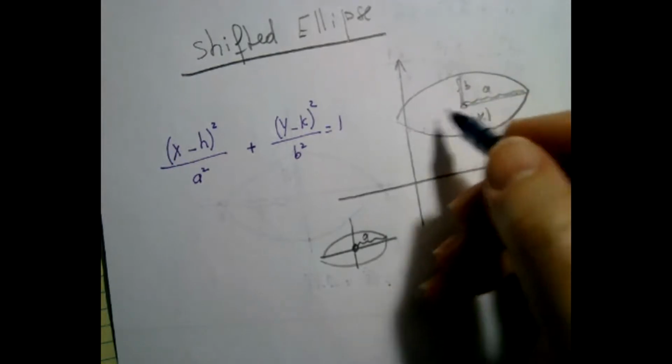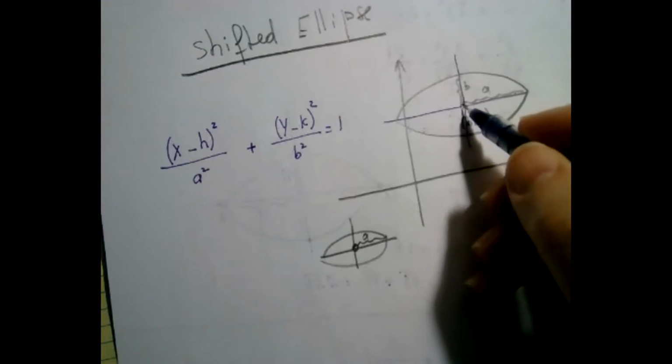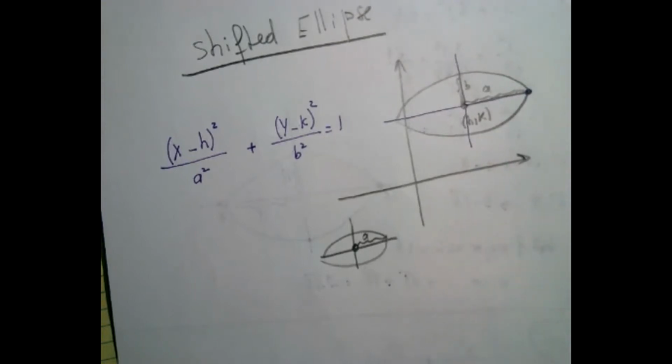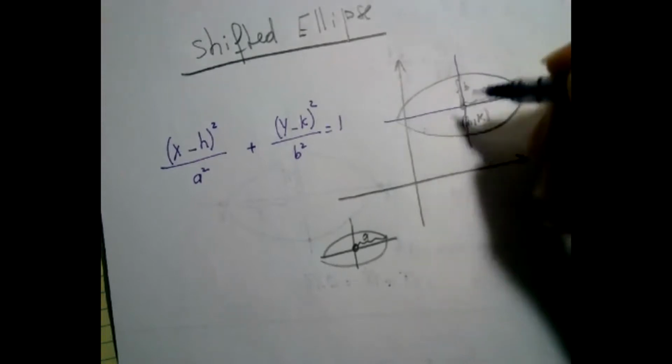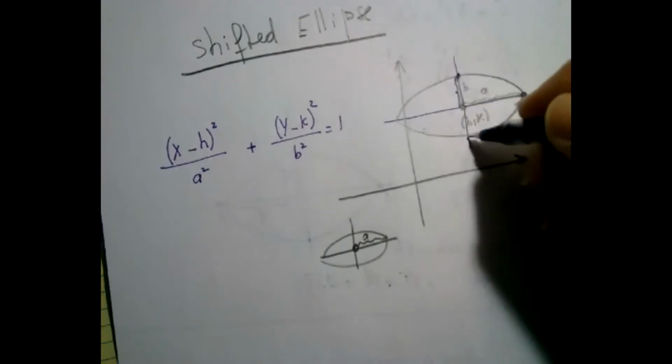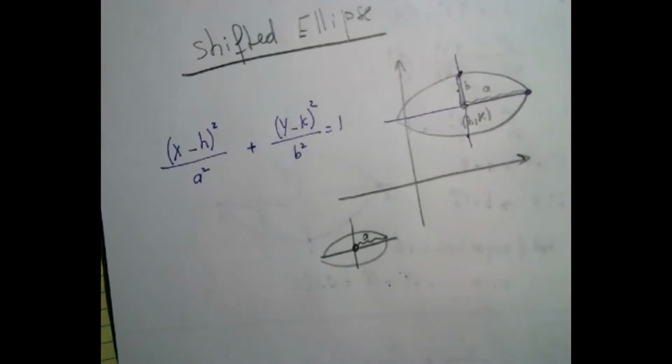When I shift it, this is my new ellipse. The A is always from the center to the horizontal vertex, and the B is always from the center to the vertical vertex. So this is the A and this is the B. Right? So with this in mind, let us practice again this kind of equation.